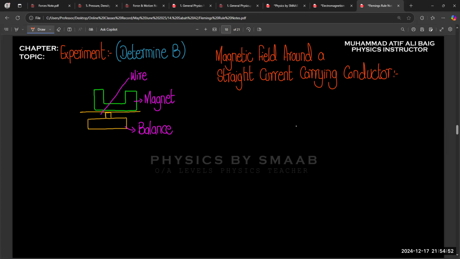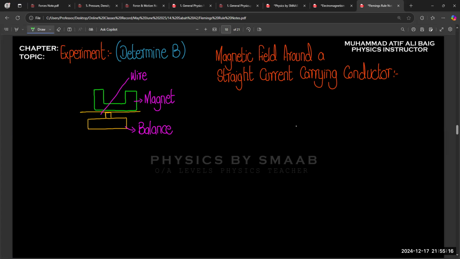So now we have electric current in a conductor, a simple straight wire, just like we discussed in the right hand grip rule. In the right hand grip rule, we identify the direction of magnetic field lines. But now we are going to discuss the value, the formula for the magnetic field around a straight current carrying conductor.